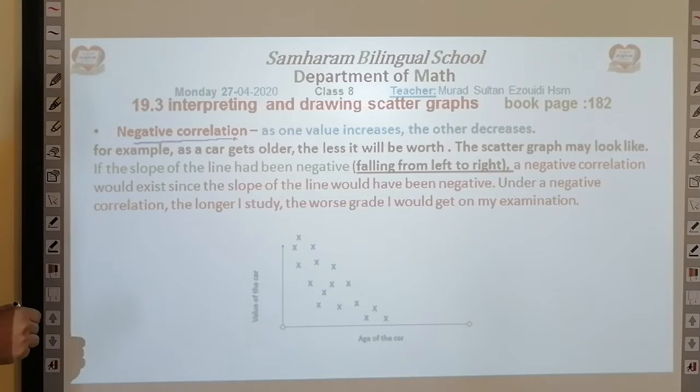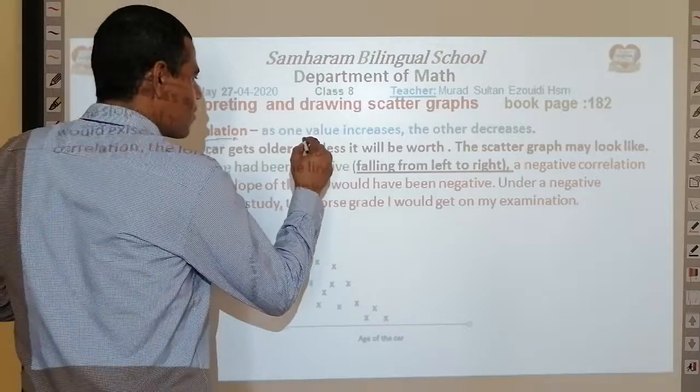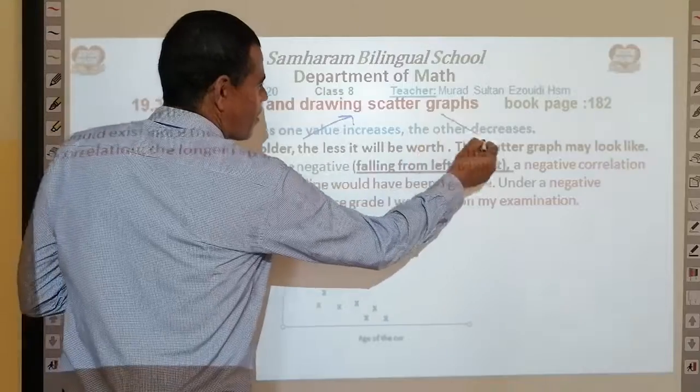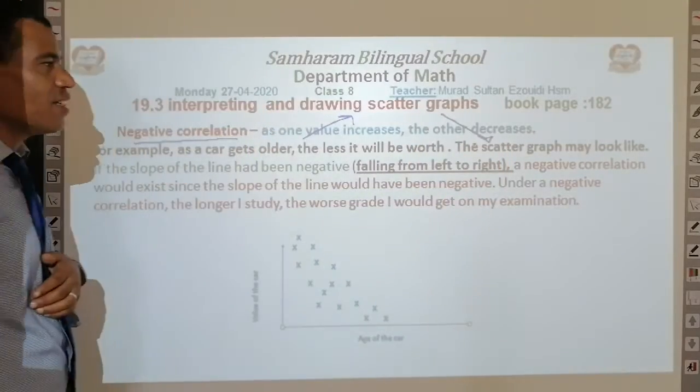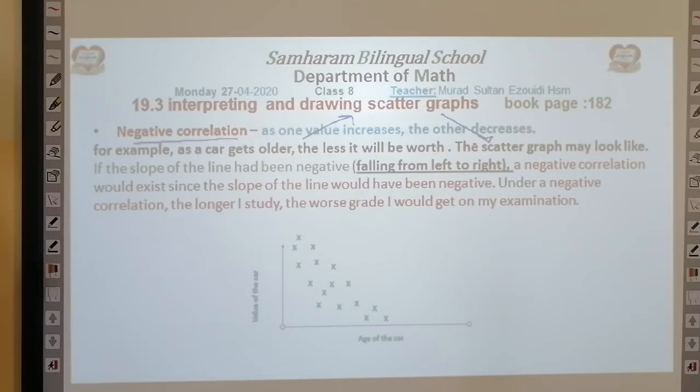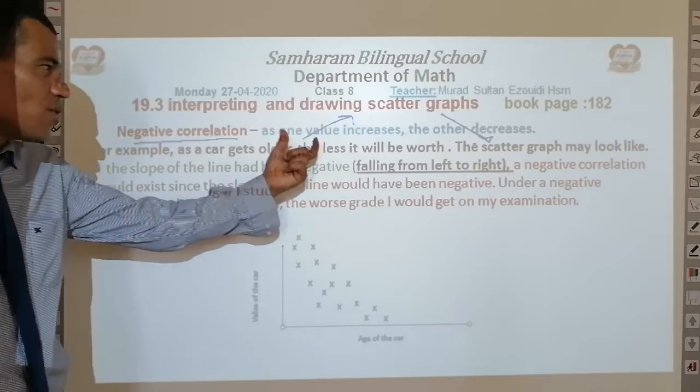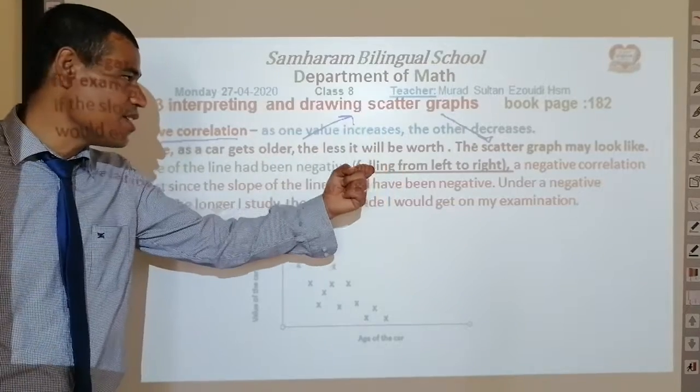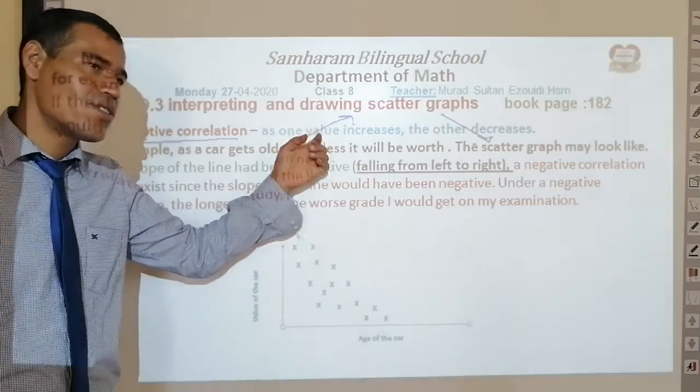As one value increases, the other decreases. As one value is increasing, the next value is decreasing. It's called negative correlation, and the slope is negative.